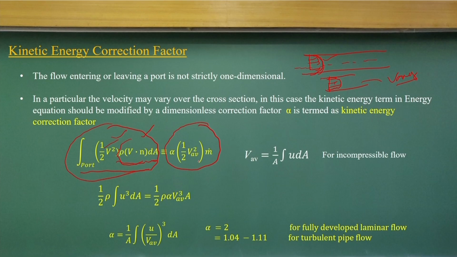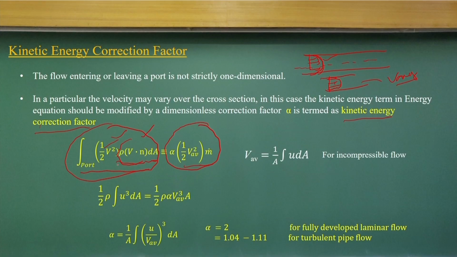If you look at the kinetic energy computation using V average squared, we will have the kinetic energy computed using average velocity times alpha. Alpha is the kinetic energy correction factor. Basically, it indicates that if you compute the kinetic energy based on average velocity, then what would be the correction factor for non-uniform velocity distribution in the particular flow field condition.